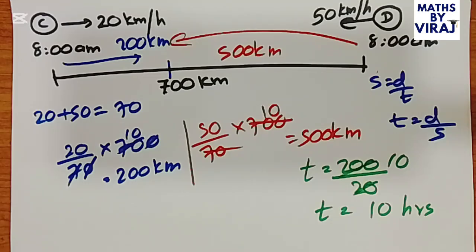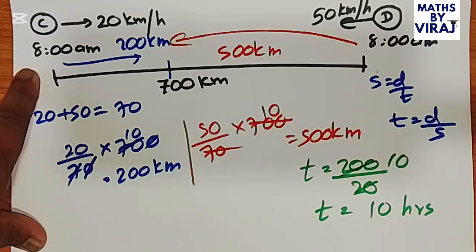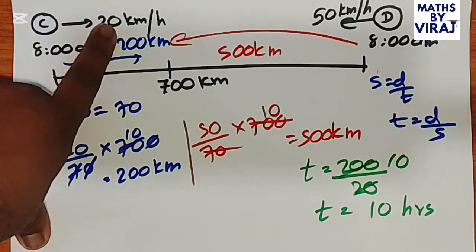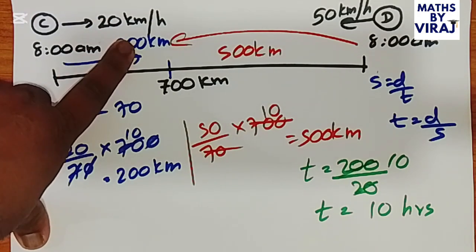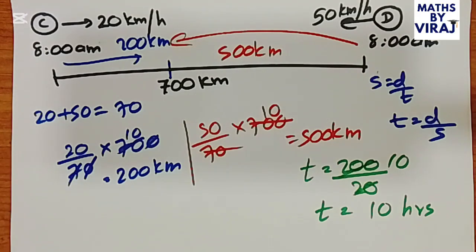So these are huge distances that we are talking about. So in the morning at 8, they leave a particular position, C moves very slowly at 20 kilometers per hour, reaches 200 kilometers, and now what is the time that they both meet each other?